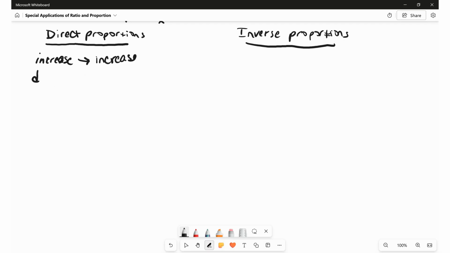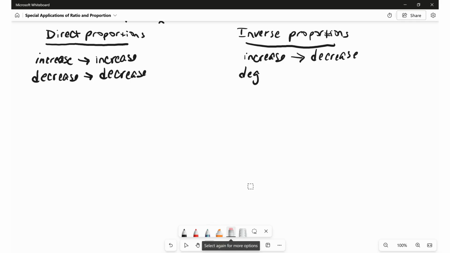Or if thing number one is going to decrease, that means that thing number two is also going to decrease. Whereas with inverse proportions, if thing number one increases, thing number two decreases. Or if thing number one decreases, then thing number two will increase.